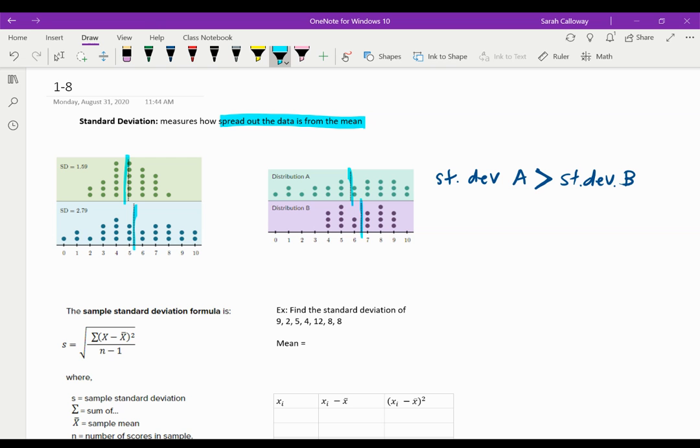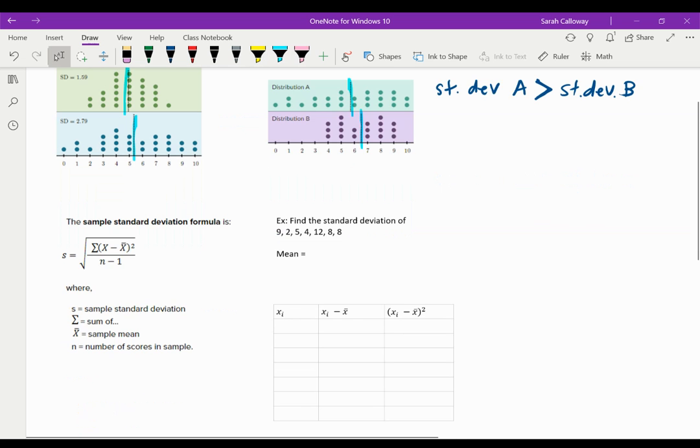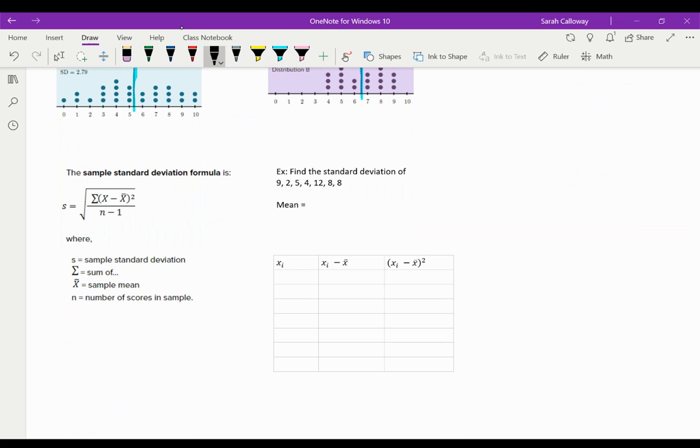So in this, we calculated sample standard deviation because we were working with samples of data. And so the formula for sample standard deviation was that S equals the square root of the sum of the difference of each data point minus the mean of the data, squared, divided by the number of data values minus 1.